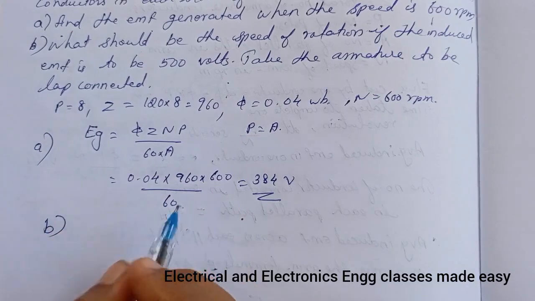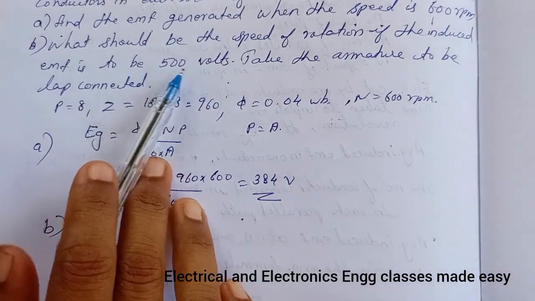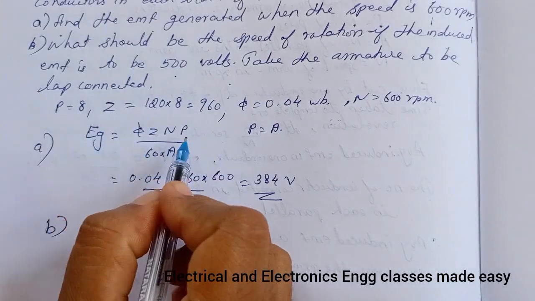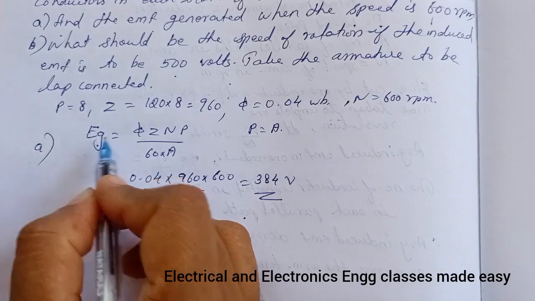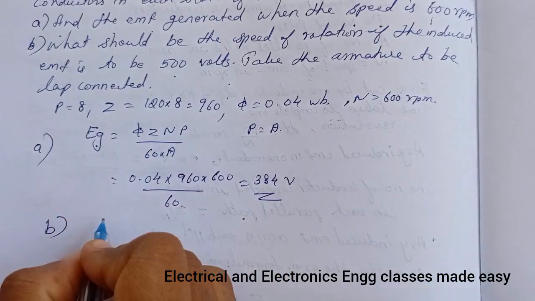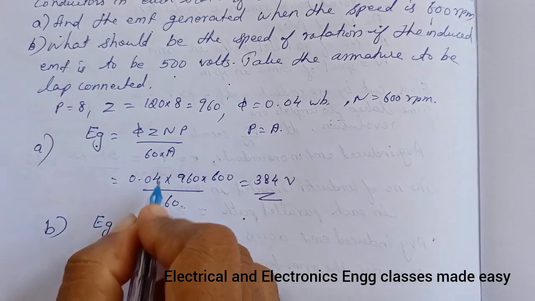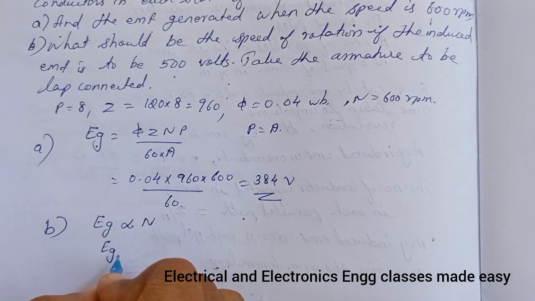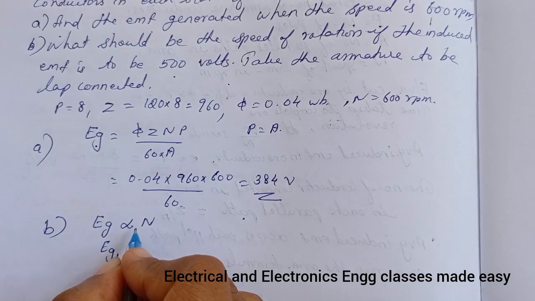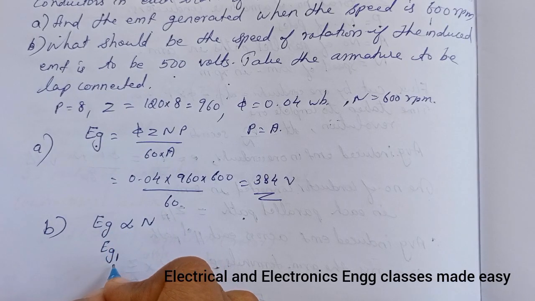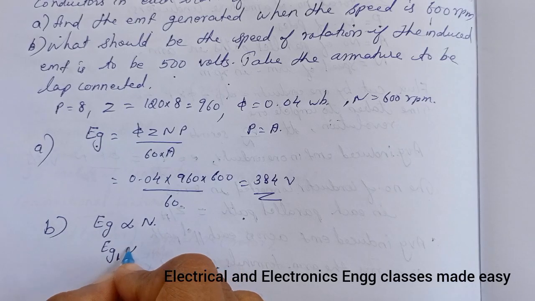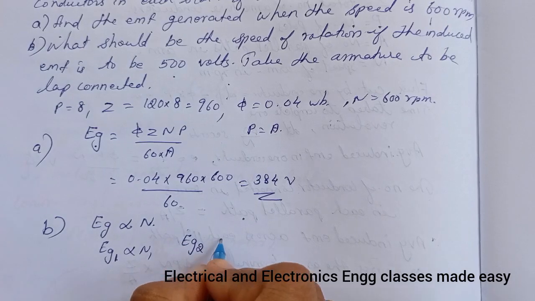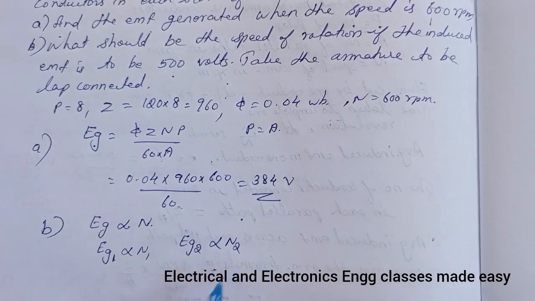Then in the second case, we have to find the speed when EMF is 500 volts. From this equation we can write that EG is directly proportional to the speed N. When EG is equal to EG1, then N is equal to N1, and when EG is equal to EG2, then N is equal to N2.